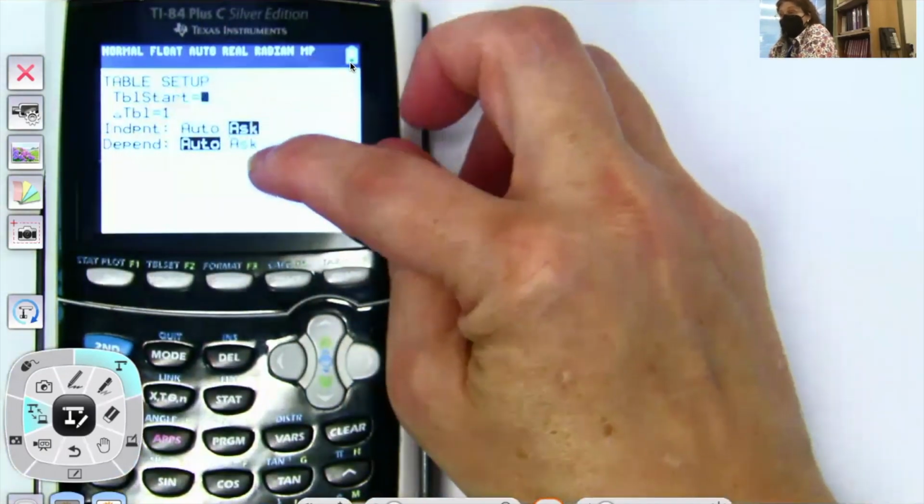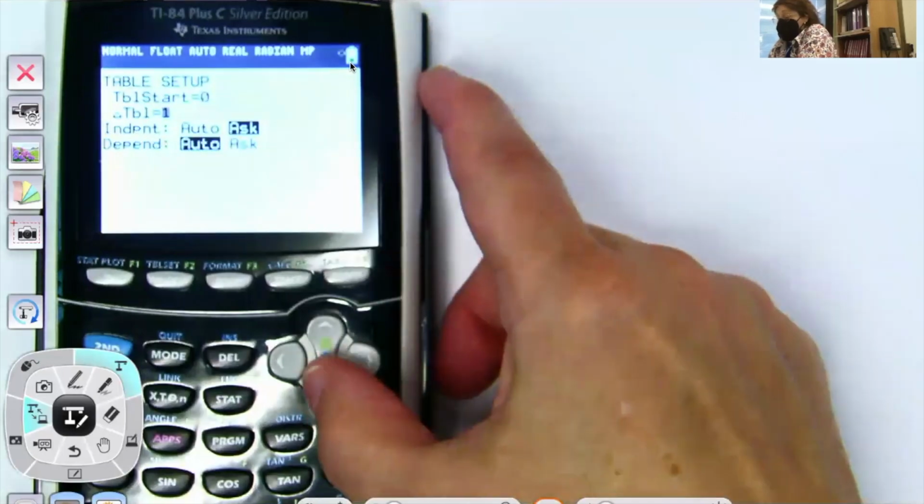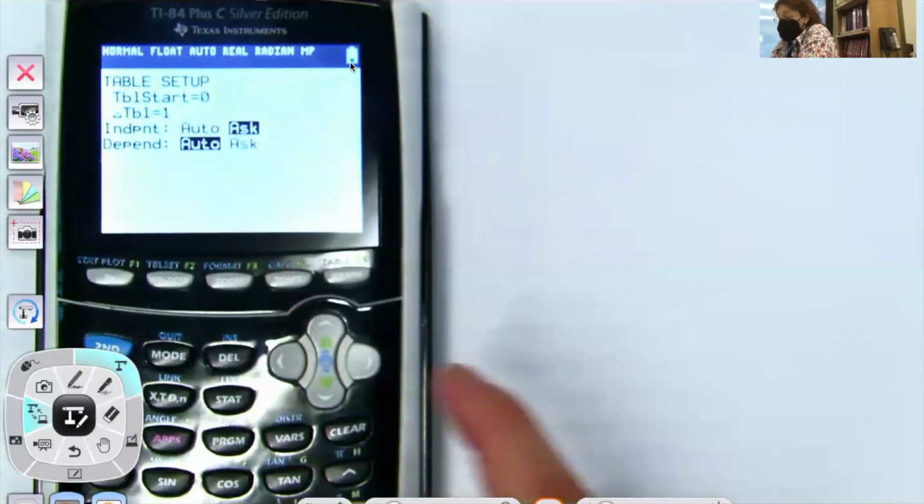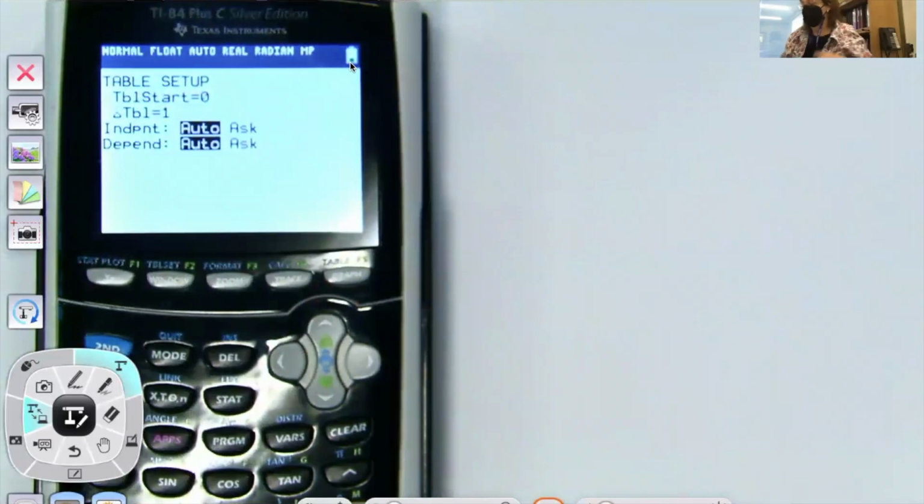Independent and dependent variable, okay? If I set both of them to auto, that means the calculator is going to automatically pick the independent variable, which is the x, and then the dependent variable is going to be on auto, and it's going to actually tell you what the answer is. So it's going to automatically do that.